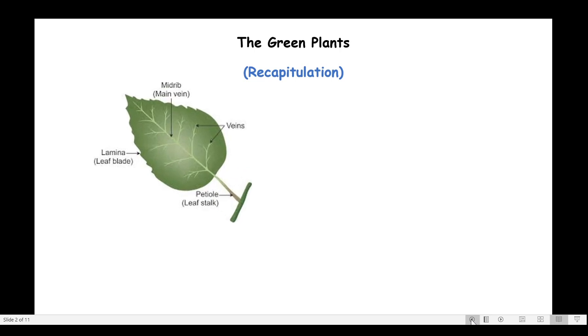Recapitulation: the green plants. Again, the structure of the leaf: the petiole, the veins, the midrib and the lamina. I think we have talked enough about it, and by now you must know it very well.